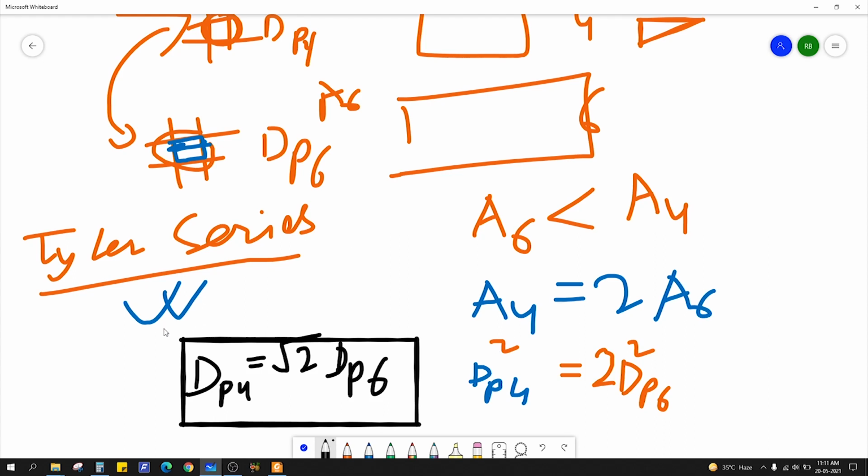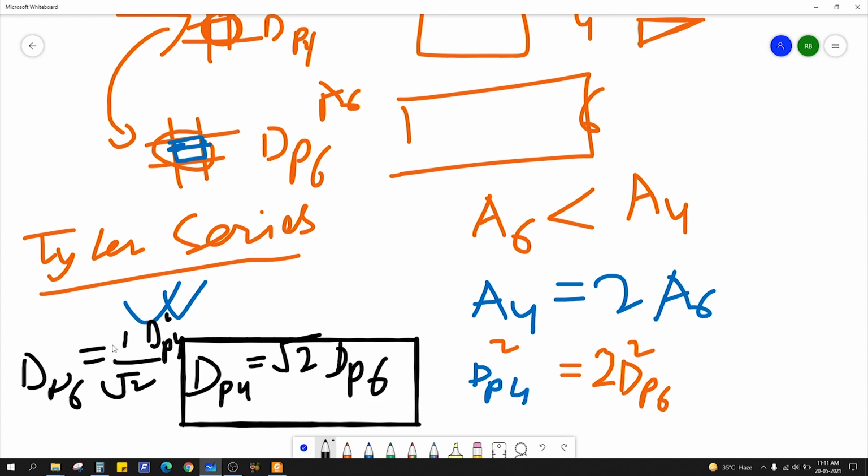Or, if you rearrange it, you can say dp6 is equal to 1 by root 2 of dp4. So the smaller is 1 by root 2 times the larger one in the series.